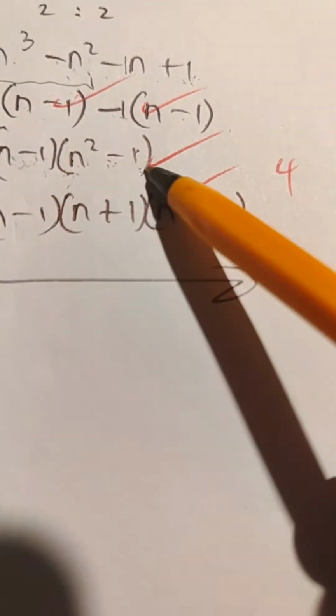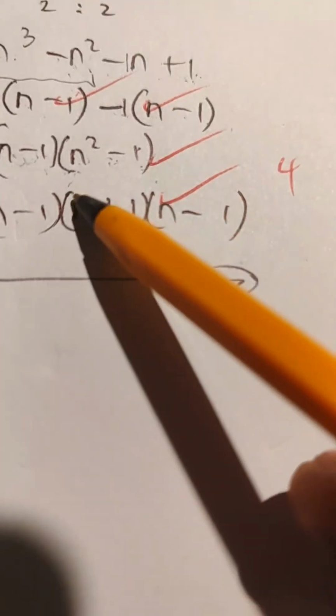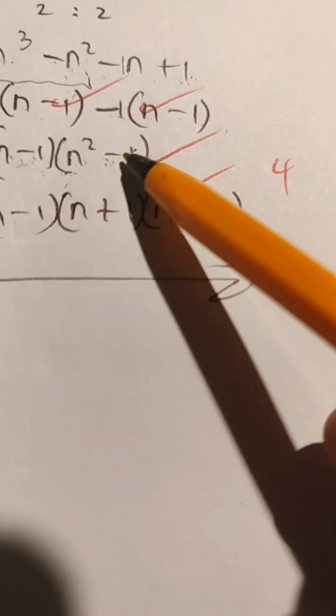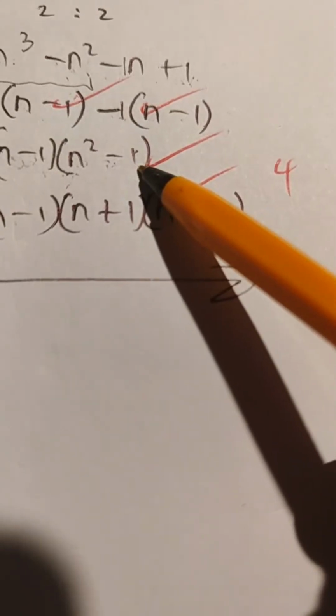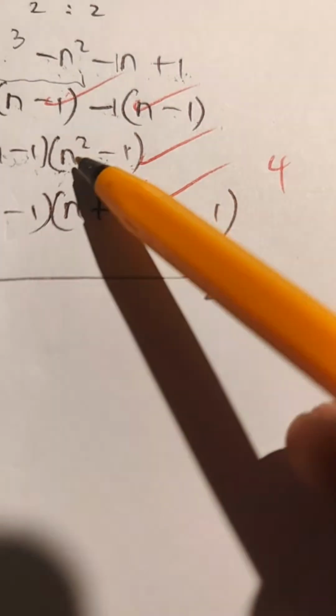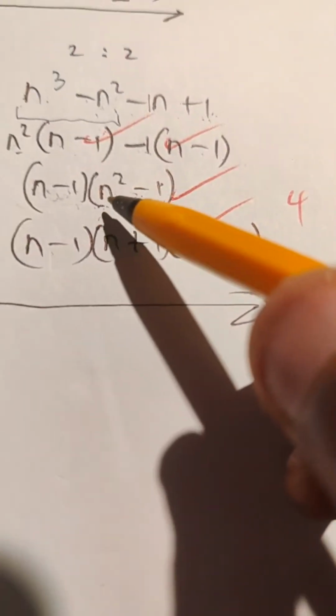So when we are factorizing a difference of 2 perfect squares, what do we do? We open 2 brackets. So we are going to open 2 brackets for n squared minus 1. Then we are going to put a plus and a minus sign, because -1 means the signs inside the bracket are going to be different. Then we take the square root of n squared, which gives you n.